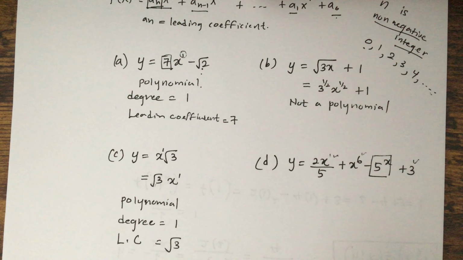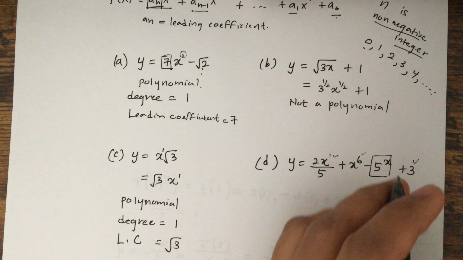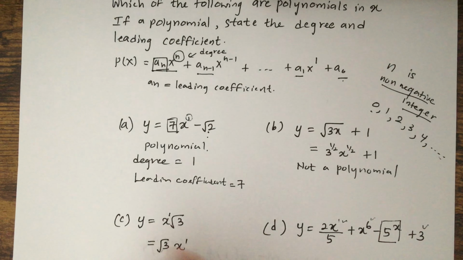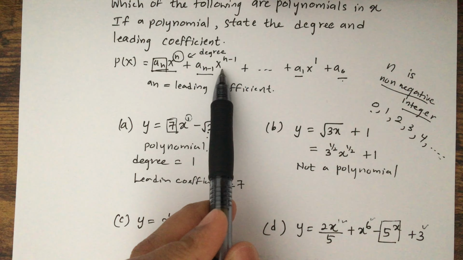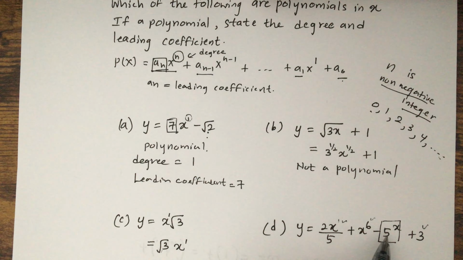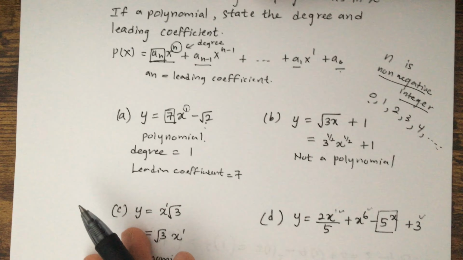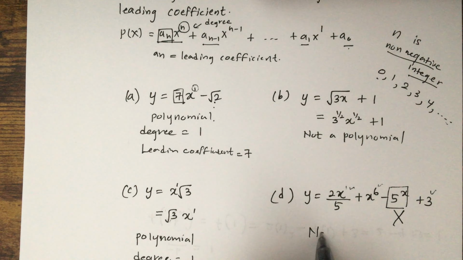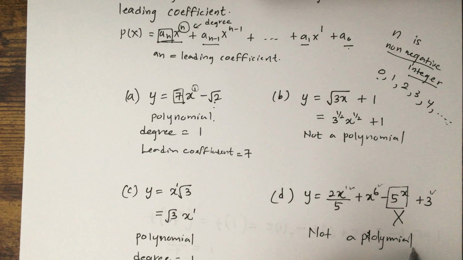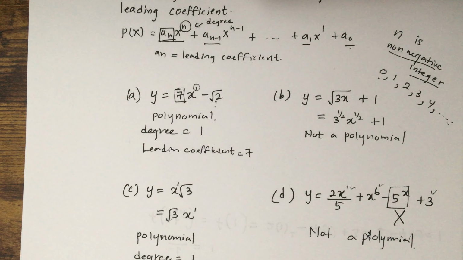A weird term, right? 5 to the power x. Your polynomial should be like this: constant terms times x terms, not constant to the power x. No. Because of that, this is not a polynomial.